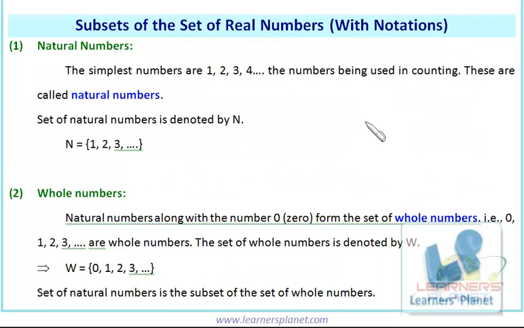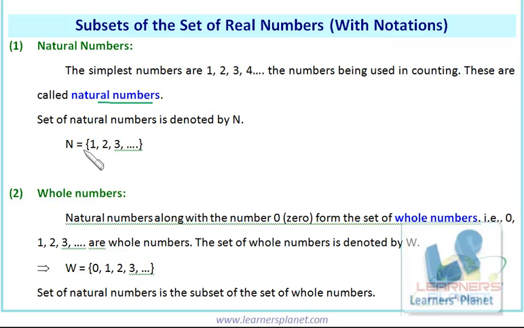Now let's have a quick recap of subsets of the set of real numbers. We have already discussed this in our function session, so I'll just give you the brief idea of it. Natural numbers, we know 1, 2, 3, 4, all numbers which we use in counting, we call them natural numbers. So this is the set of natural numbers, starts from 1. The set of whole numbers starts with 0.